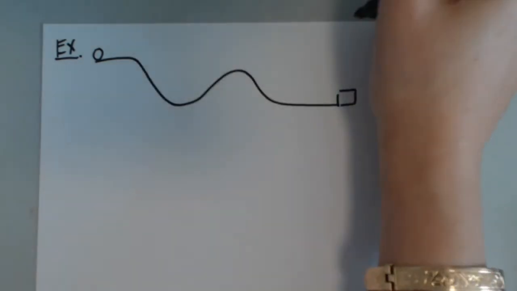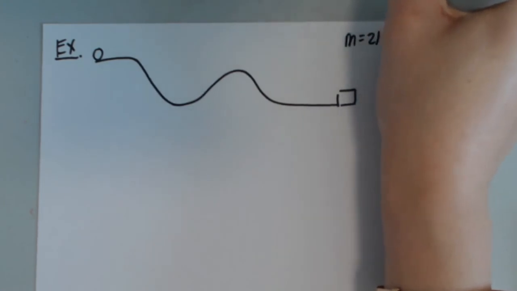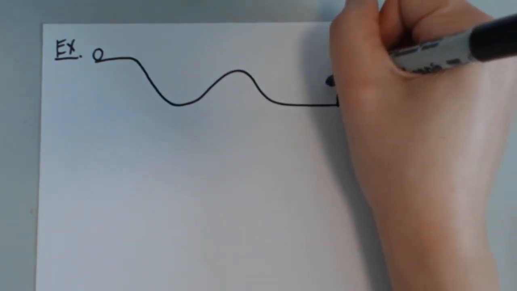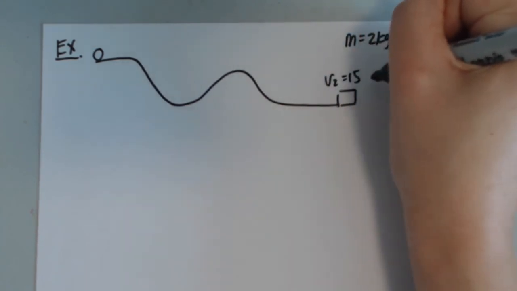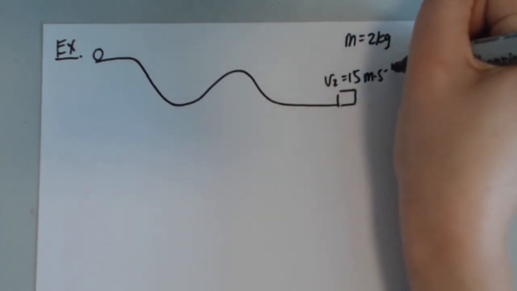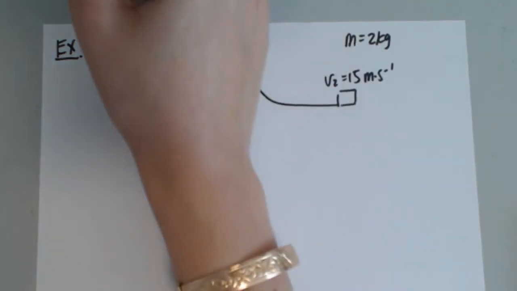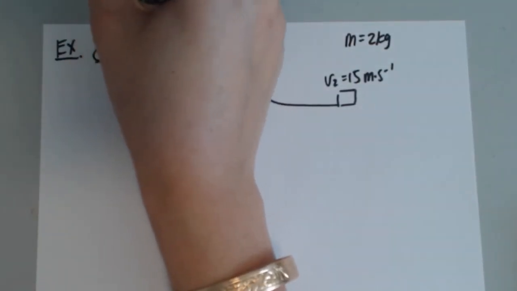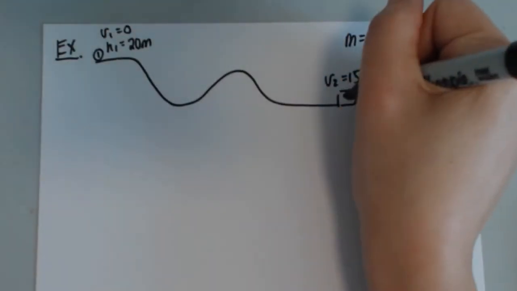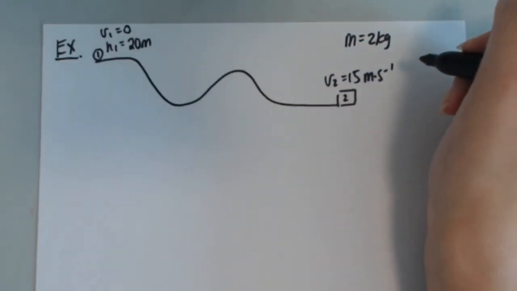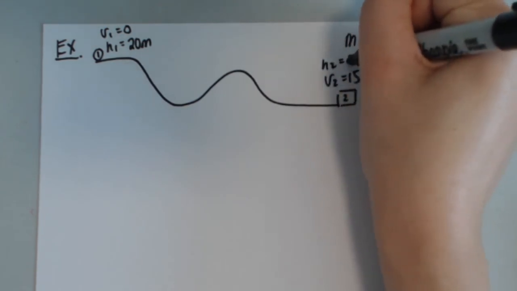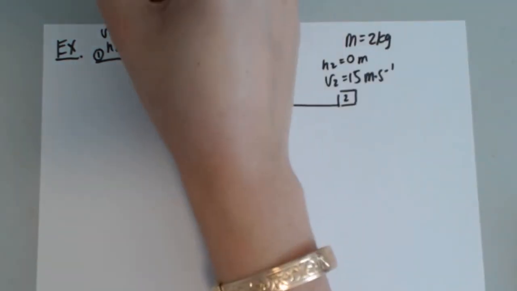So I know the mass is 2 kilograms. I know the speed down here is 15 meters per second, so V2 is 15 meters per second. It's 20 meters tall, so this is H1, 20 meters. V1 is 0, so we'll call this location 1, location 2, and H2 is 0 meters.